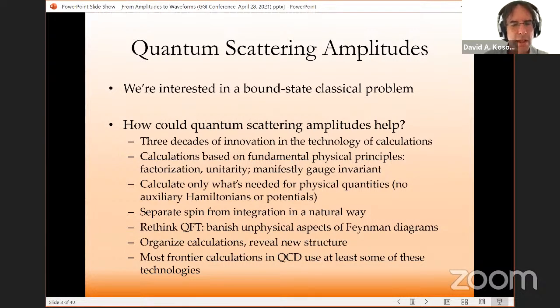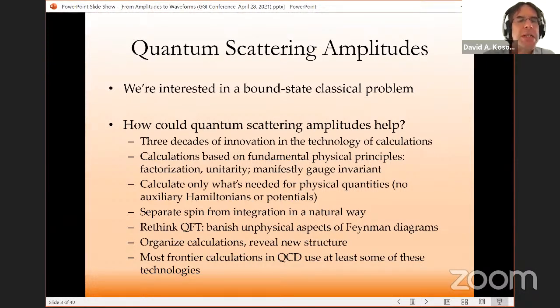First of all, we're kind of riding on 3 decades of innovation in the technology of these calculations. We've learned how to do calculations based on the fundamental physical principles, factorization and unitarity, and to do them in manifestly gauge invariant ways, to calculate only what's really needed for physical quantities. We've learned how to separate spin from integration in a very natural way. And in fact, the whole program, in a sense, has been a rethinking of quantum field theory and completely banishing the unphysical aspects of Feynman diagrams.